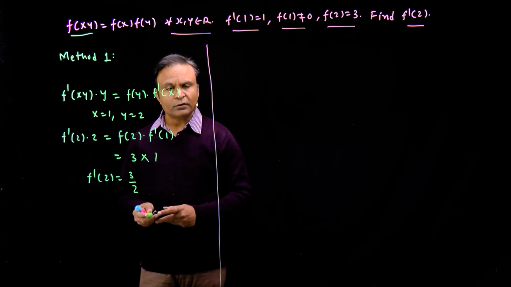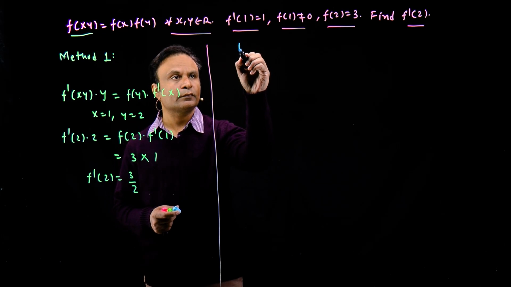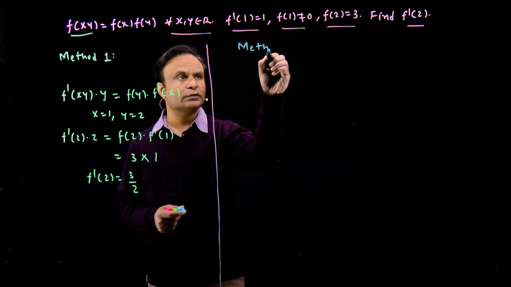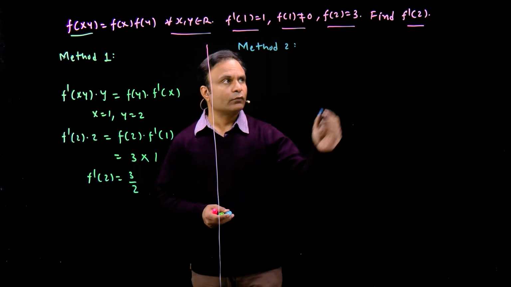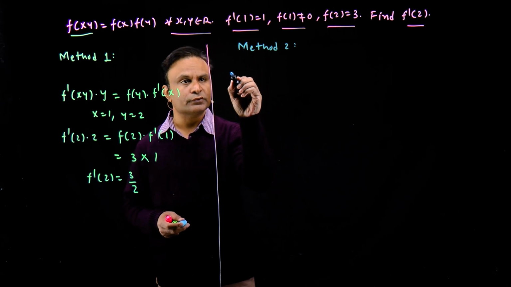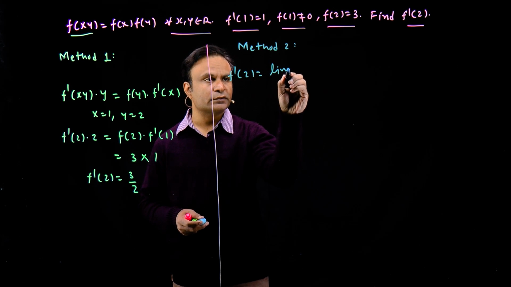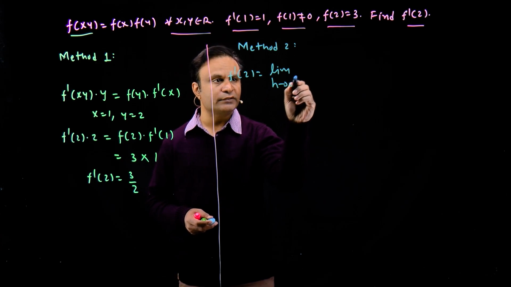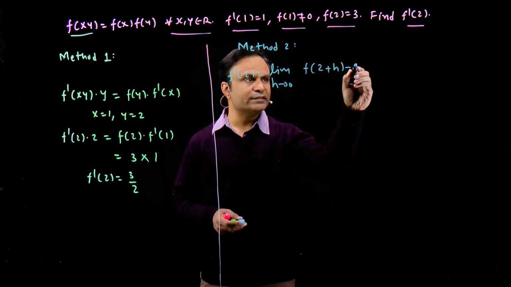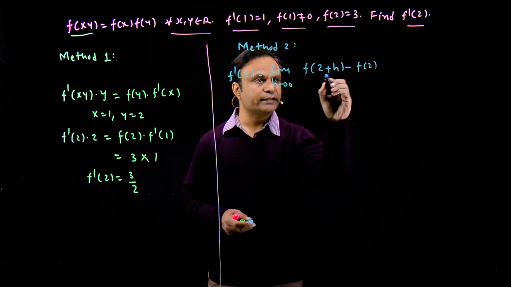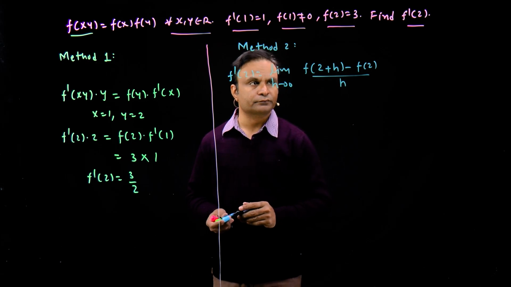Now let's do method number 2. In this we will use first definition of derivative for f dash 2. So let's write f dash 2. This is limit h tends to 0 of f of 2 plus h minus f of 2 upon h.